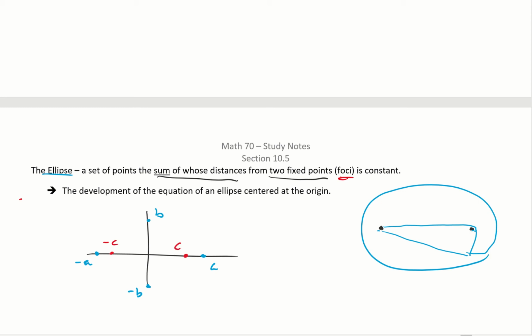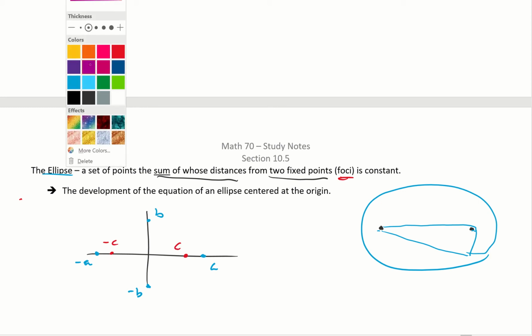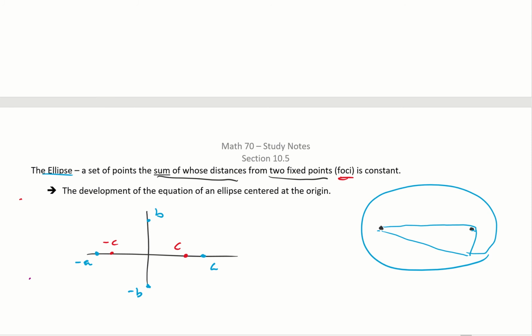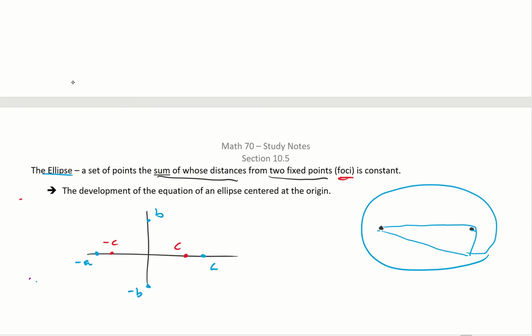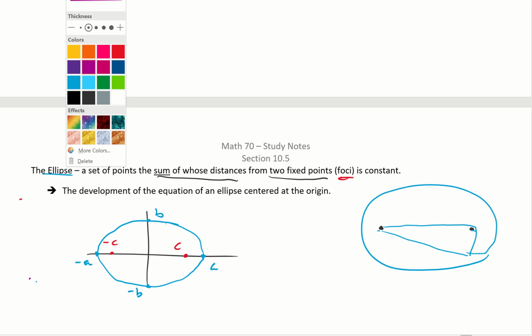So the first thing that you argue when you're doing this is, okay, the total distance from, if you're a point on the ellipse, in fact, I should draw the ellipse, so let me do that. The ellipse is going this way and screaming around this way. Pretend that's a nice ellipse, perfectly drawn, which it isn't, but pretend.